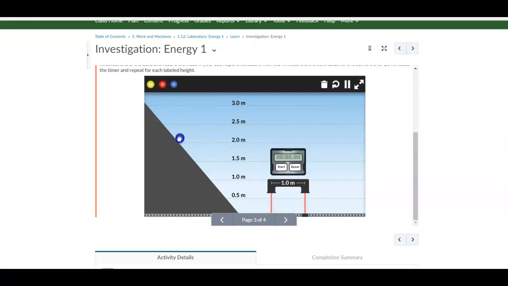At the 2.0 mark, it is 0.16 seconds. 2.5 mark, 0.14 seconds. And finally the 3.0 meters. So 3 meter mark, 0.11. So hopefully you see that pattern. You have all of that written on your data table on your worksheet.